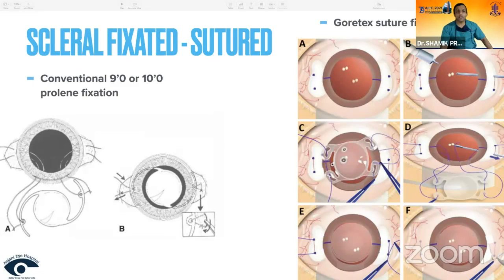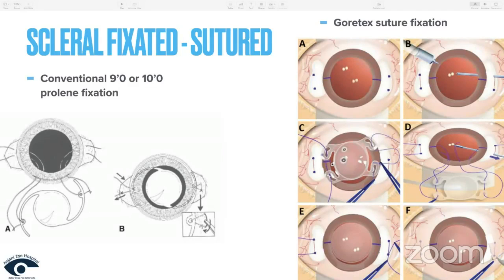So then we go ahead with scleral fixated IOLs. We have commonly been using these two techniques. One is the conventional 9-0 or 10-0 Prolene fixation, which could be either a single knot technique or two point fixation techniques, or the Gore-Tex suture fixation technique, which is a 4-point and gives a better fixation.